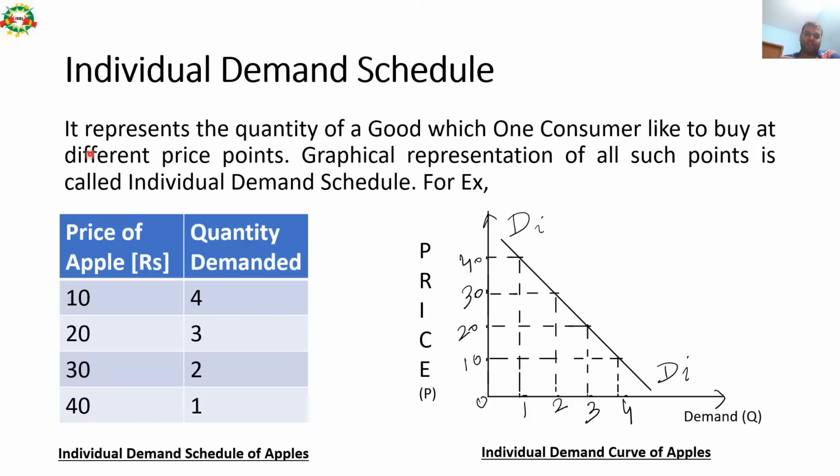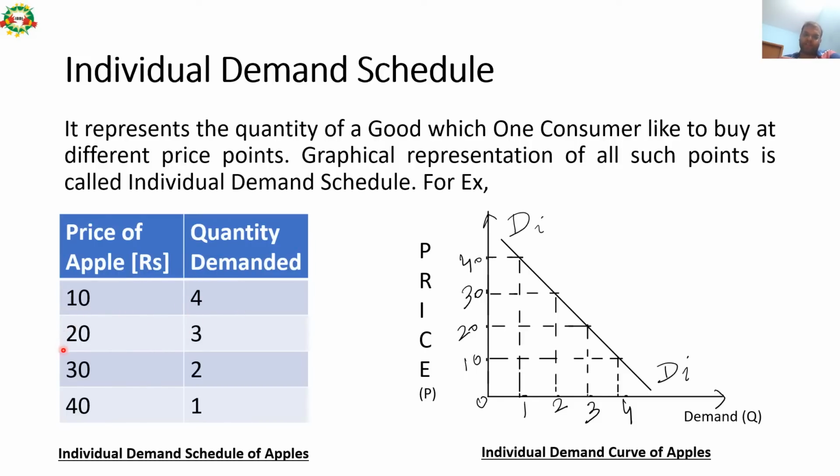The individual demand schedule represents the quantity of a good which one consumer would like to buy at different price points. This is the table, or individual demand schedule, of apples. If the price of an apple is, say, 10 rupees, then the customer may like to buy 4 apples.